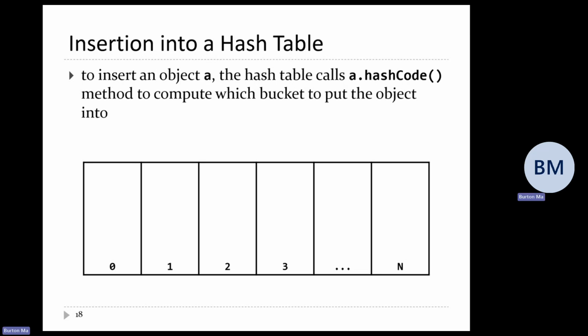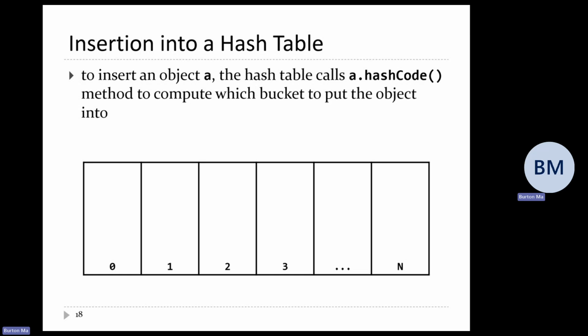If you've got a hash table, the way these work in Java is you take an object and give it to the hash table. You say, hey, I want to add this object to the hash table. The hash table takes your object and calls this hashCode method. hashCode returns an int. The purpose of hashCode is to take an object and convert it to some integer value.